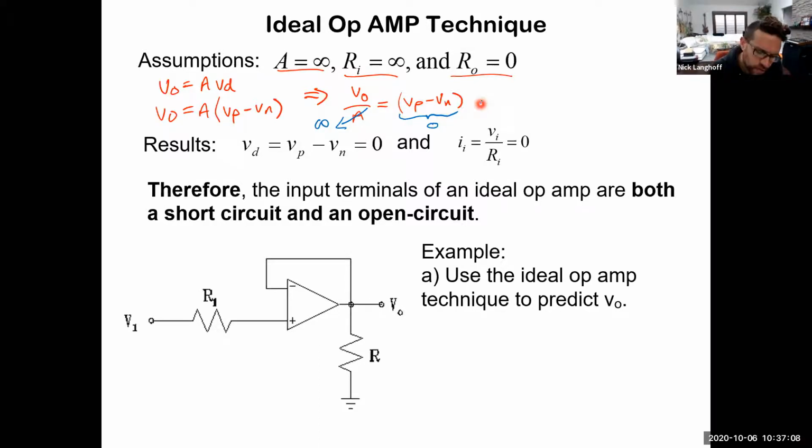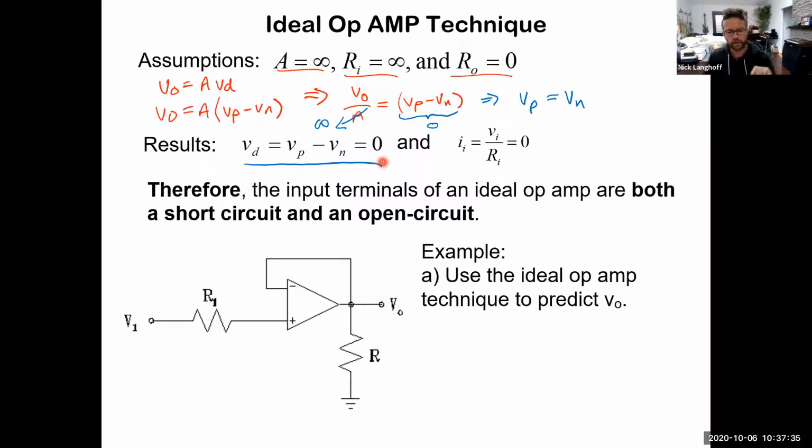And if that's true, then what we can say is that VP, the non-inverting terminal, must be equal to VN, the inverting terminal. And that is, in fact, the main result here, that the differential voltage VD is 0 and VP is equal to VN.